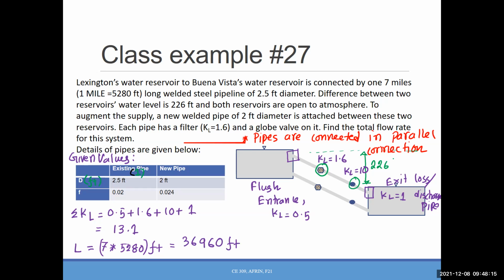Okay. And since it's a parallel connection, again, we have two exclusive equations, the energy equation and the continuity equation. So I will just write down the exclusive equations. Most probably I'll be able to do that. If not, that is fine. So all of you are done with identifying all the given values here.